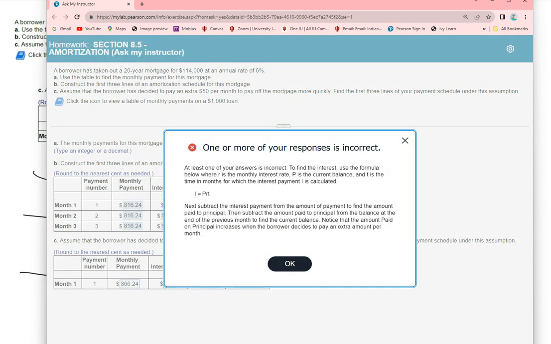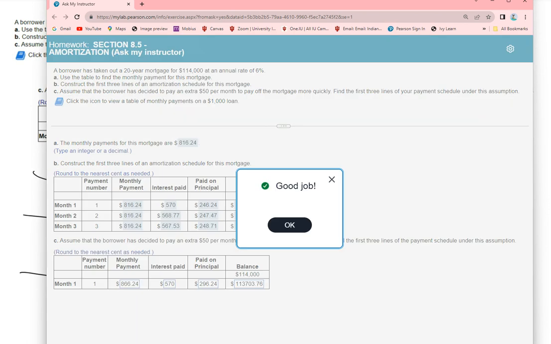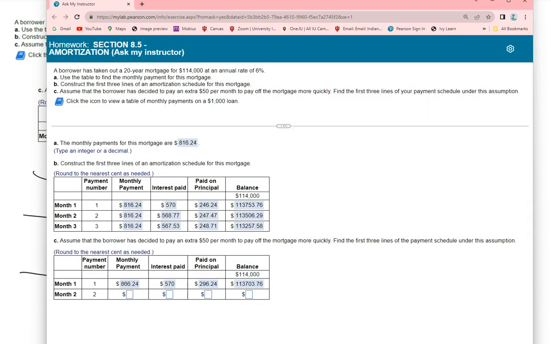Oh my gosh. What? Did I type in a number wrong? 866.24. Oh, right here. 570. Sorry. 296.24 and 113,703.77. Okay, now let's do it. There we go. Whew. Getting a slight heart attack. And then this will be 866.24 again.